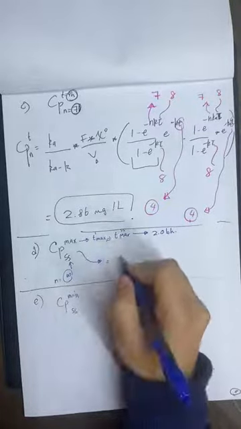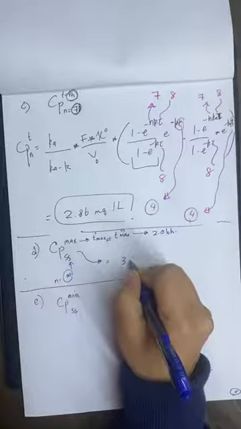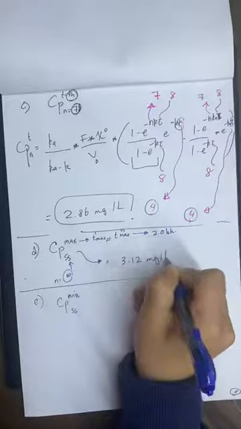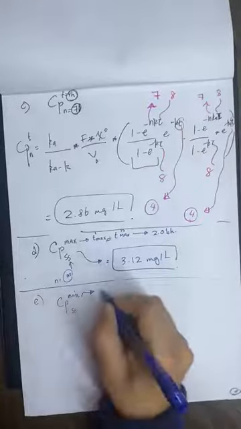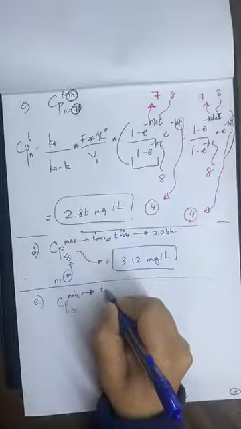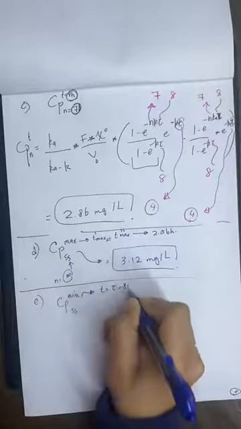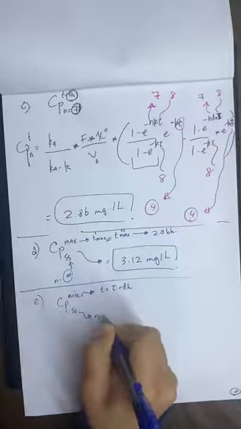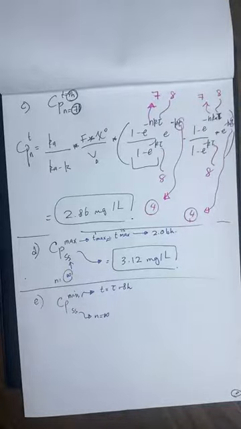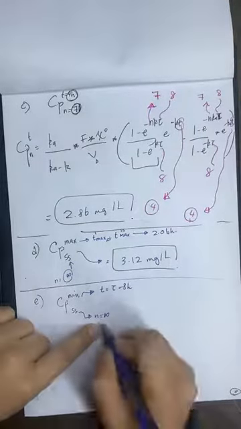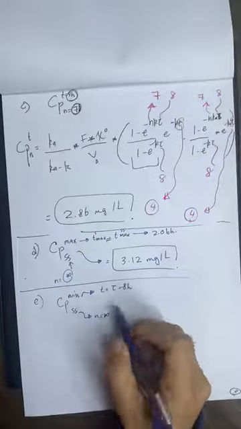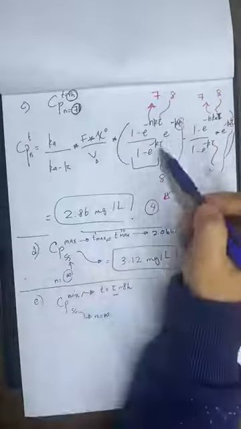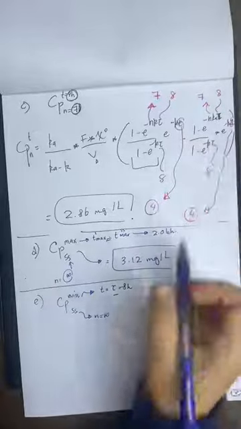Okay, and for the whole concentration, I will give you just the last answer, and go and try it by yourself and see if you can do it. Okay, for the minimum, it will be this at time equal to tau, which is 8 hours, and this is n equal infinity. And again, when n equal infinity, here and there, this will go. Okay, and with tau, this will be tau, and this will be tau, this will be tau, and this will be tau.